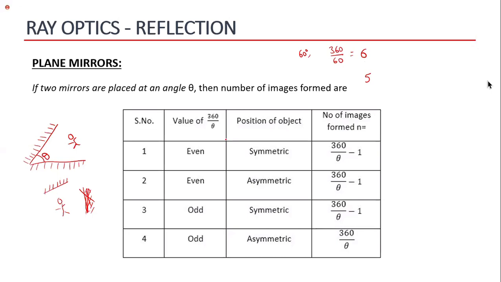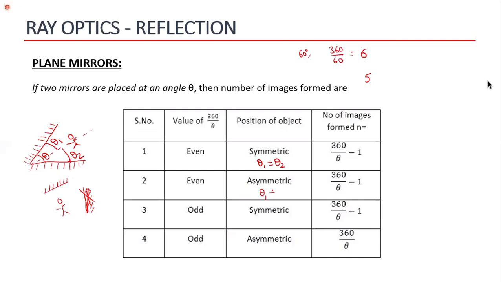Now you may ask me, what is symmetric and asymmetric? If this object is making an angle theta 1 and it is making an angle theta 2, if theta 1 is equal to theta 2, then we call it symmetrically placed.